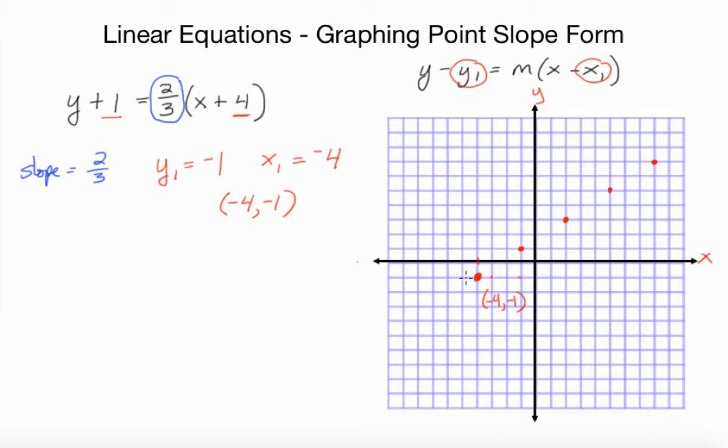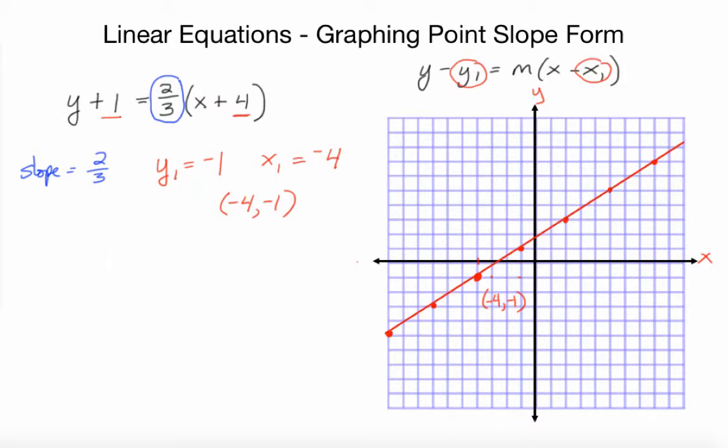I could even go to the left 3, and if I go in reverse that way, left 3 for x means I have to decrease by 2 for y. When it's all said and done, we can make a nice line to show all the possible points contained by that equation. So there we go.